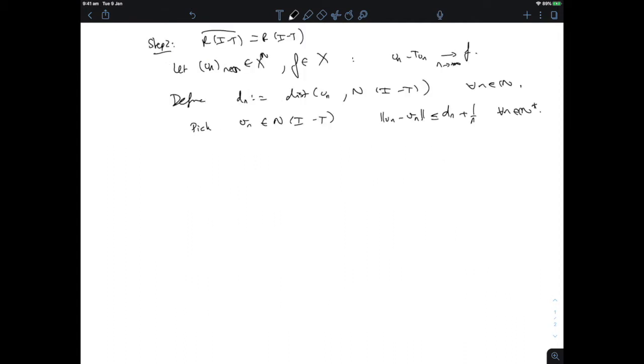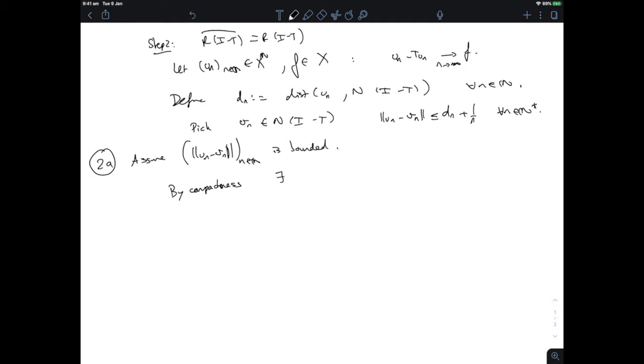Okay, so first case, assume u_n minus v_n is bounded. So that's step 2a, let's say. And if that happens, then I can use compactness. By compactness, I can extract a converging subsequence from the image by T of u_n minus v_n.